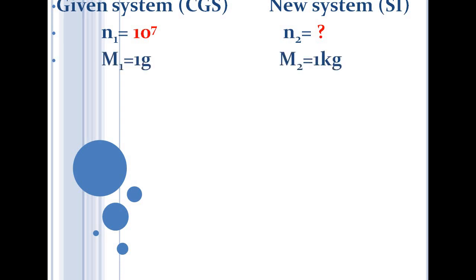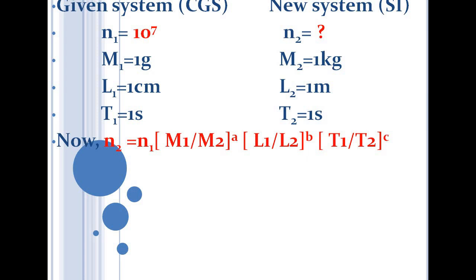Now in the units, M1 in CGS equals 1 gram and M2 is 1 kg. Similarly, unit length is 1 centimeter in CGS and 1 meter in SI. Unit time is 1 second in CGS and 1 second in SI as well.